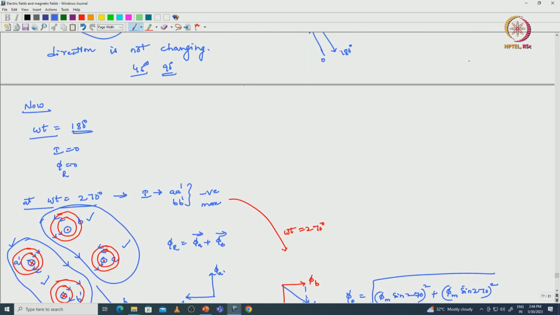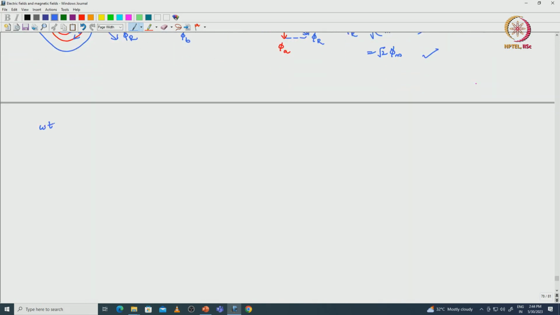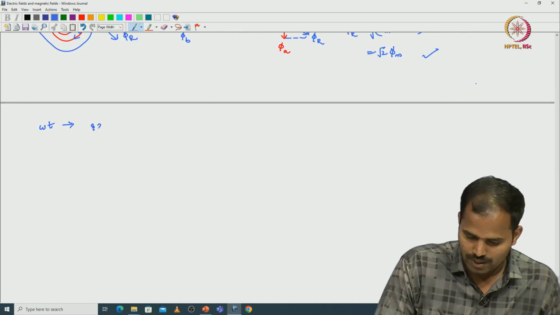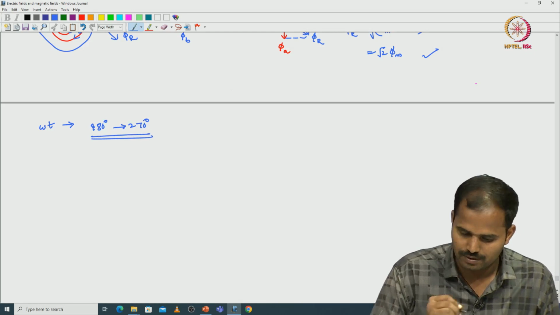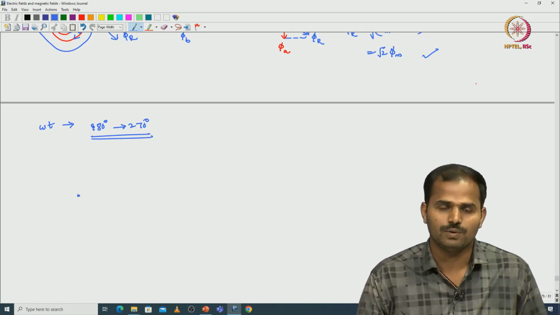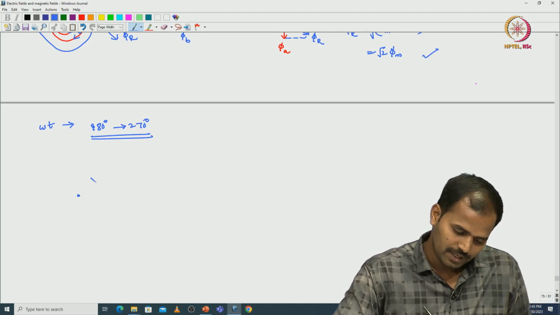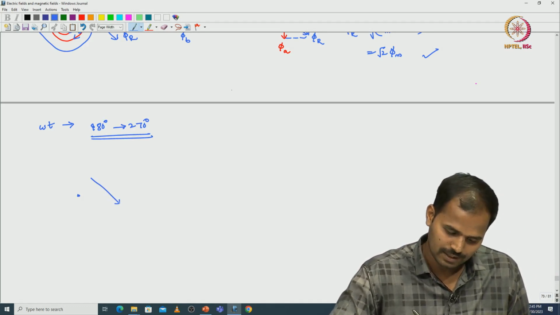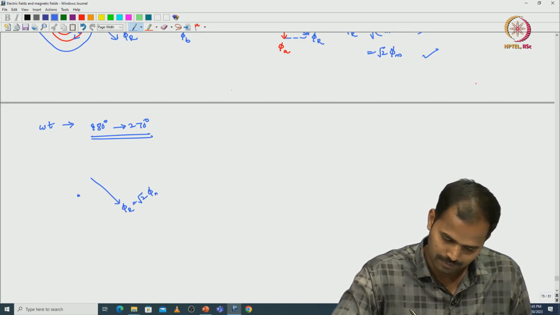Next we will see omega t from 180 to 270 degrees, what is happening. At 180 degrees it is 0, then the resultant vector direction at 270 degrees we have seen in this direction, phi r equals square root 2 phi m.